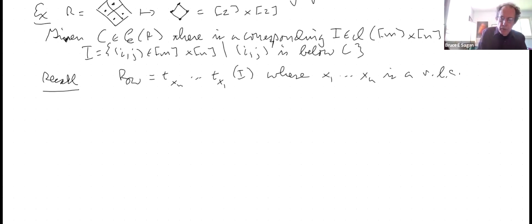But this example suggests we want to toggle in another direction. You can think of this by rows, right? You do the very top of the poset first, and the next row and the next row. Now we're going to do this by columns.